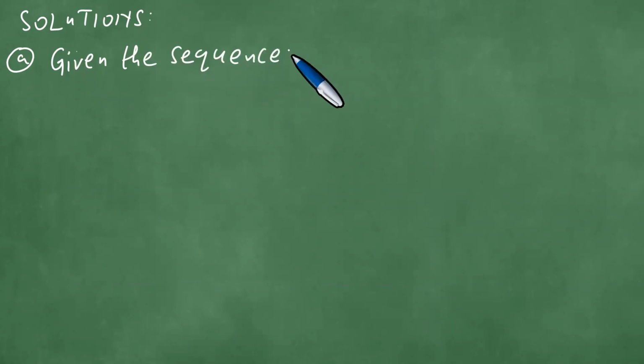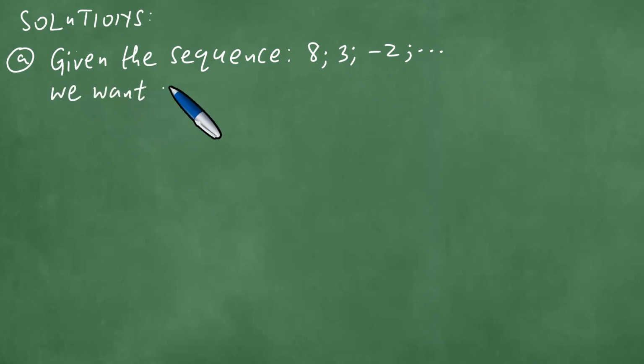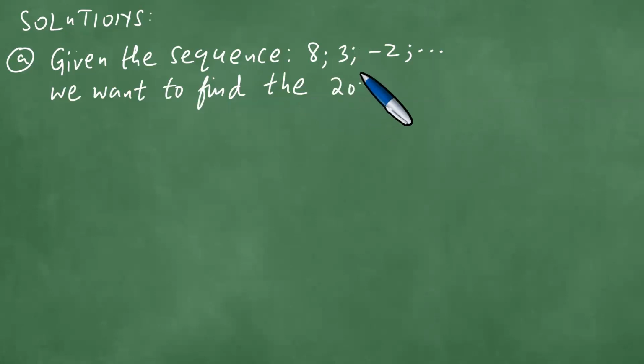The sequence is 8, 3, minus 2. And we want to find the nth term.